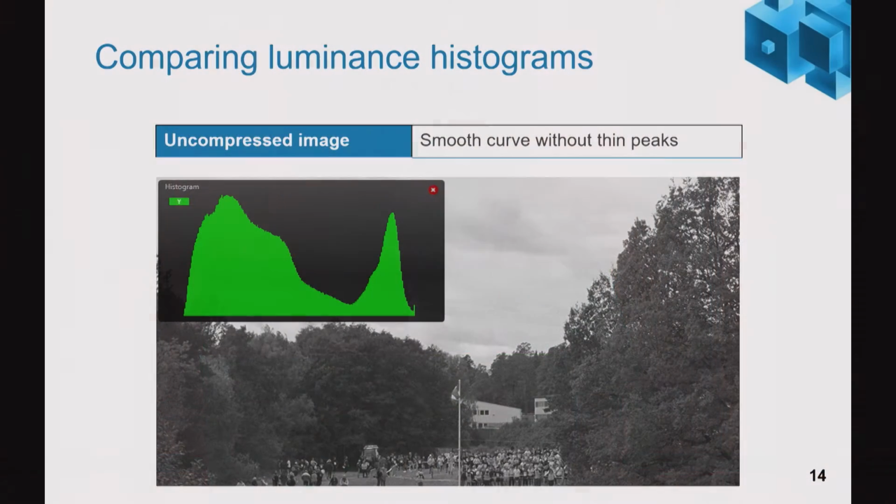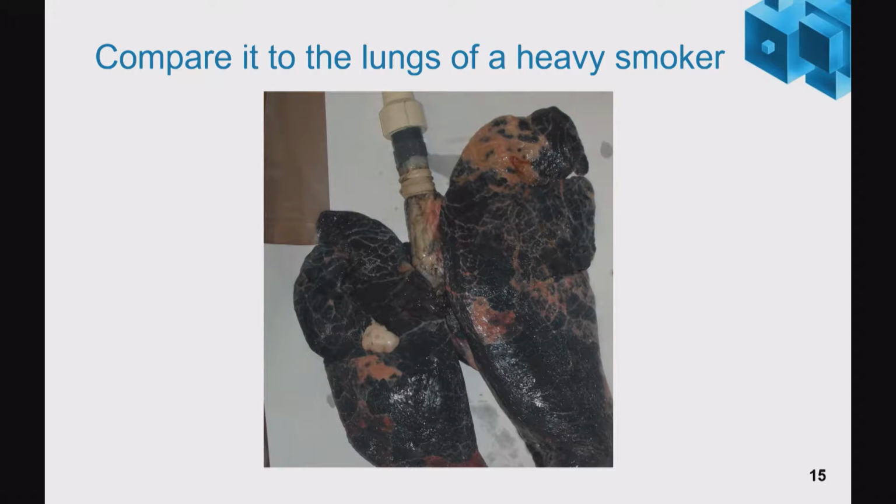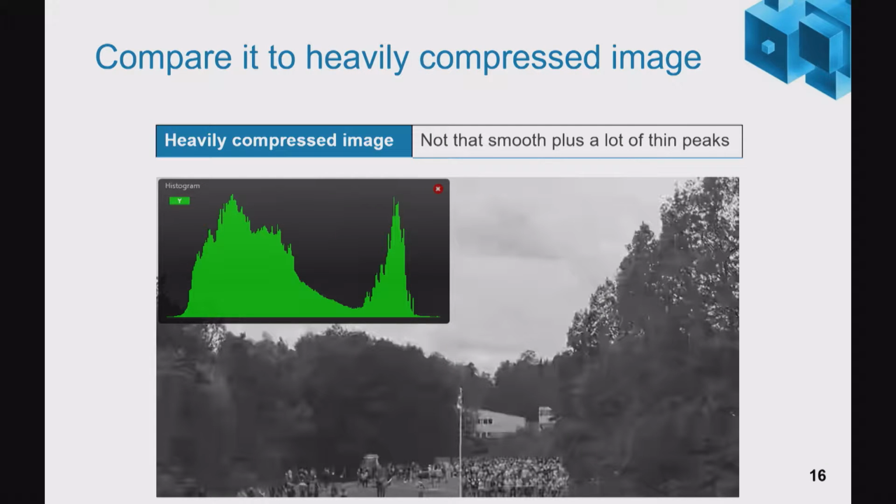First, we started with comparing Luma histograms. This is how the Luma histogram looks for an uncompressed image, compared to a heavily compressed image.